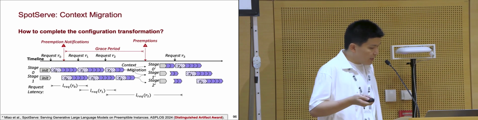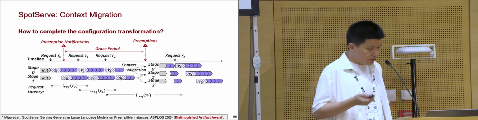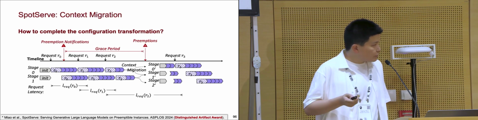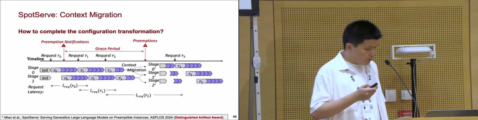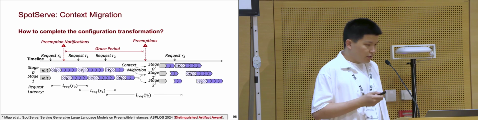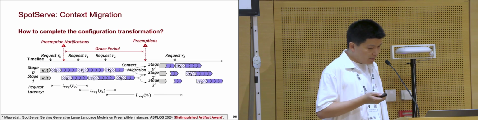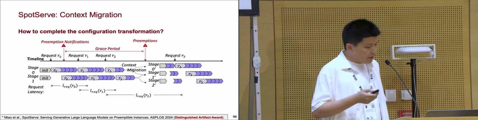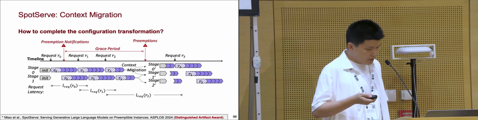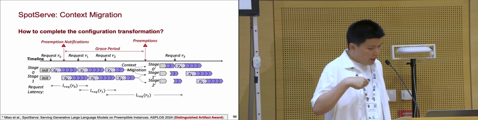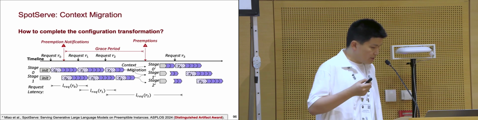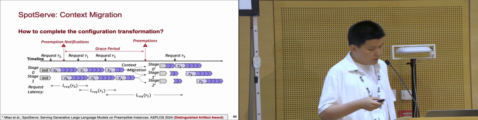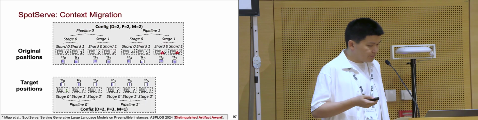Note that finding the right parallel configuration is non-trivial because it involves trade-offs between inference latency and throughput. For example, pipeline parallelism will slightly increase inference latency but leads to a very high throughput. On the contrary, tensor model parallelism reduces the latency but also involves some overhead to the throughput.